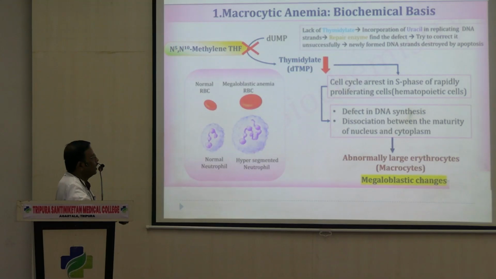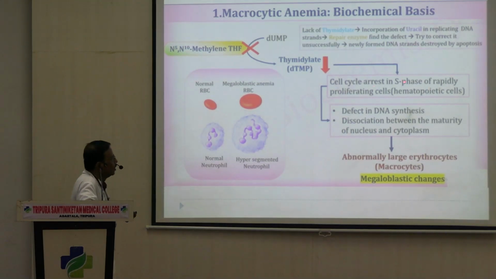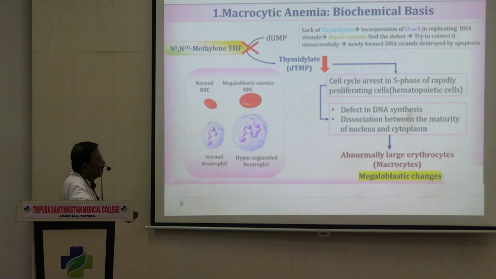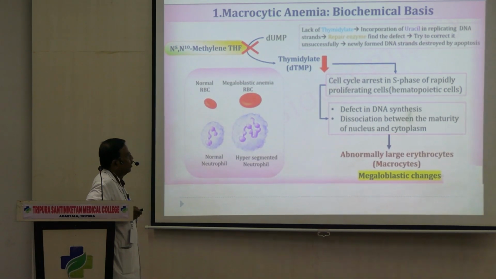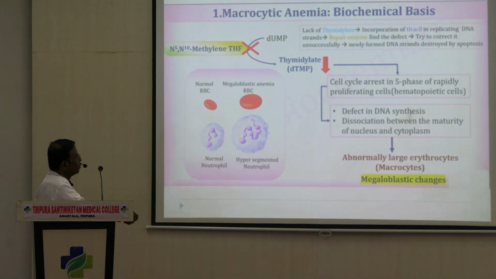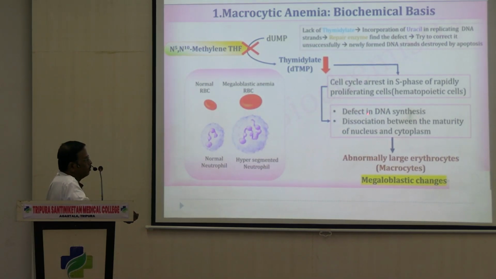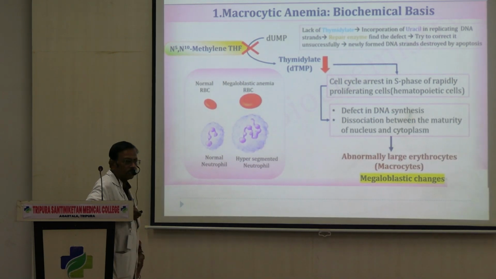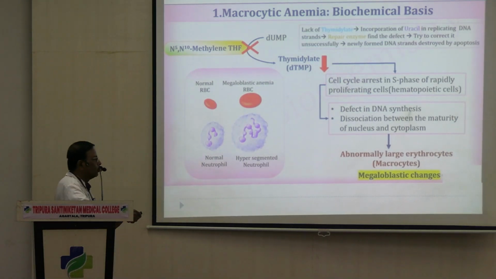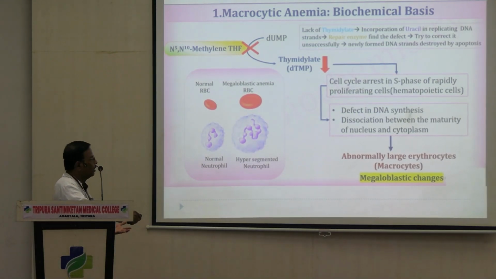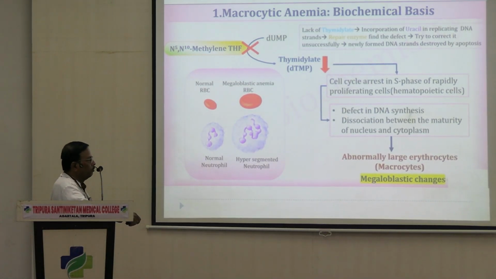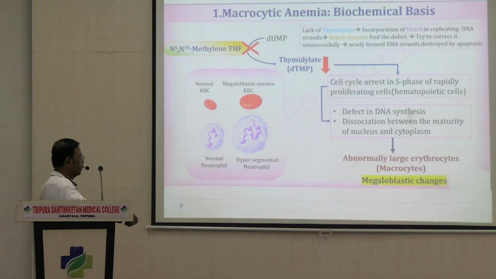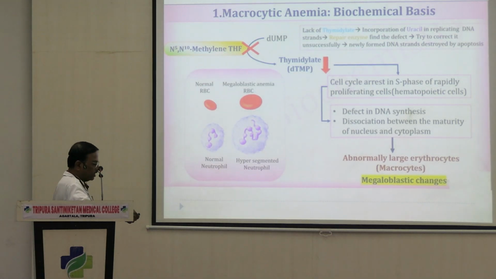Now this decreased thymidylate synthesis will stop cell proliferation in S phase of rapidly proliferating cells in the hemopoietic cells. So with this defect in DNA synthesis, there is a dissociation between maturity of nucleus and cytoplasm. Okay, so the cytoplasm remains bigger than the nucleus, and that is the reason why macrocyte is formed, and there is a megaloblastic change.